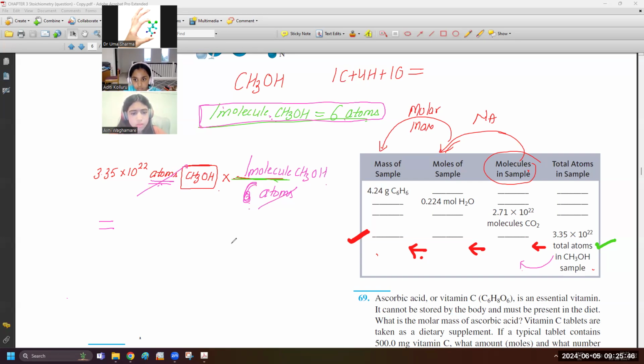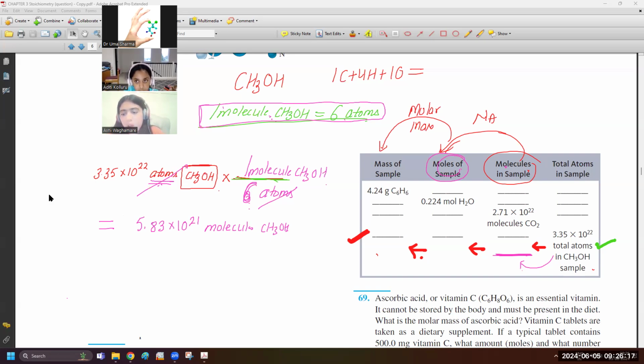Okay, first let's write down this answer, which I calculated as 5.83. Here I'm writing every answer separately because I have to fill this table. I have to put here 10 raised to power 21. What is the unit here? Molecules. Now from molecules, I want to go for moles, right?